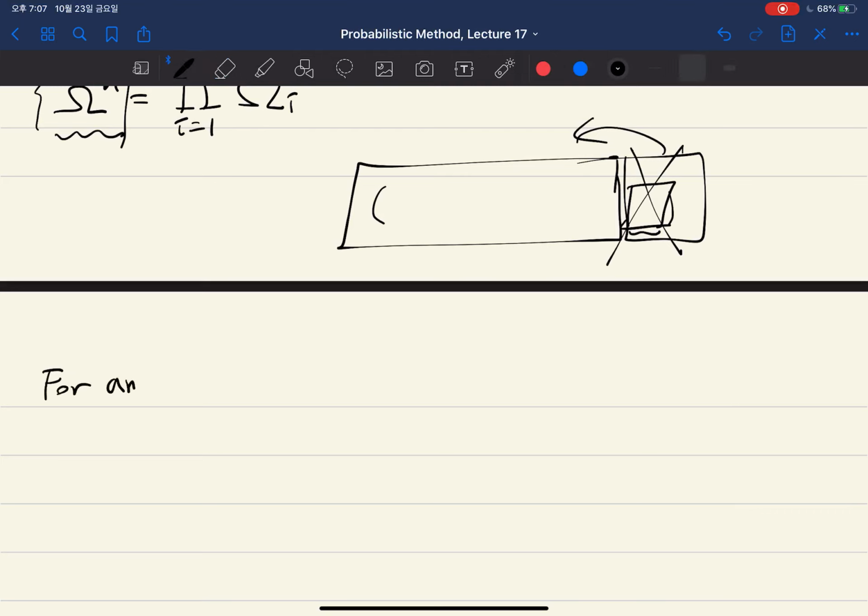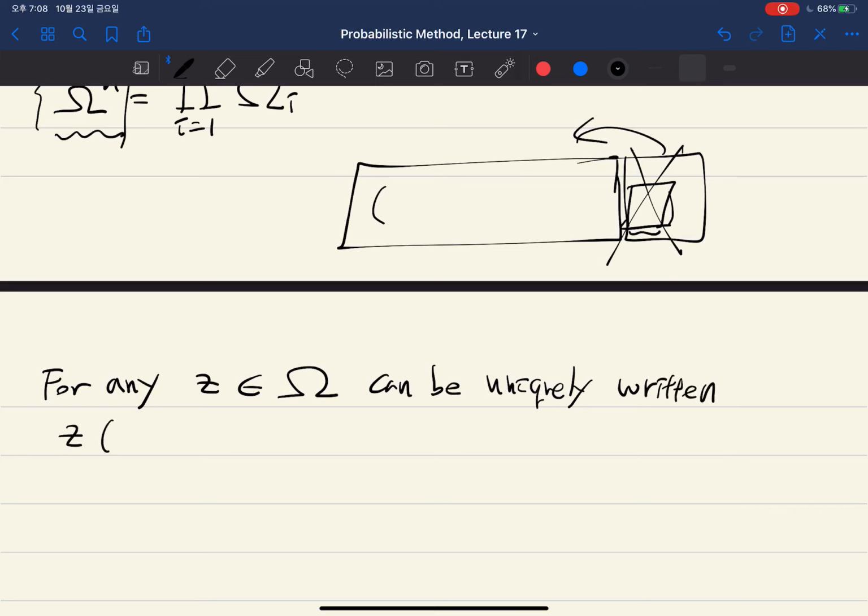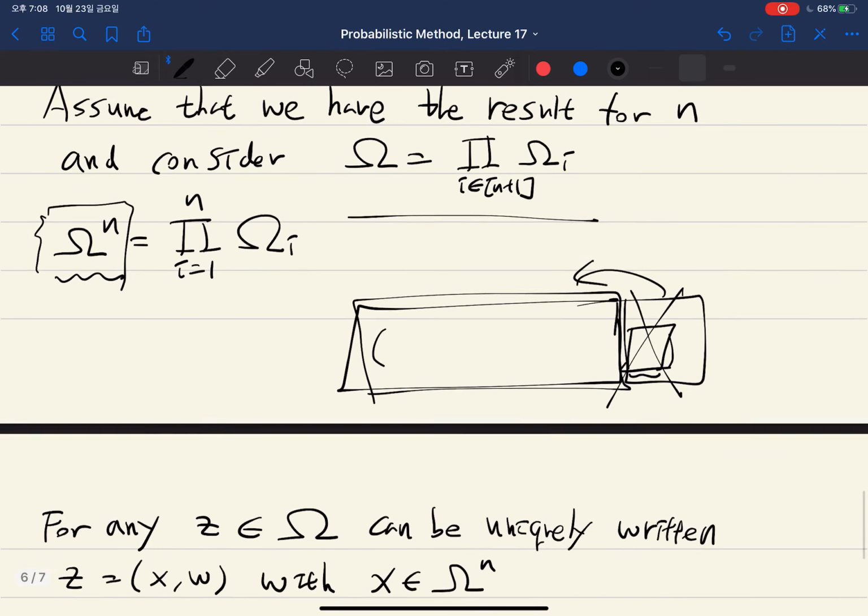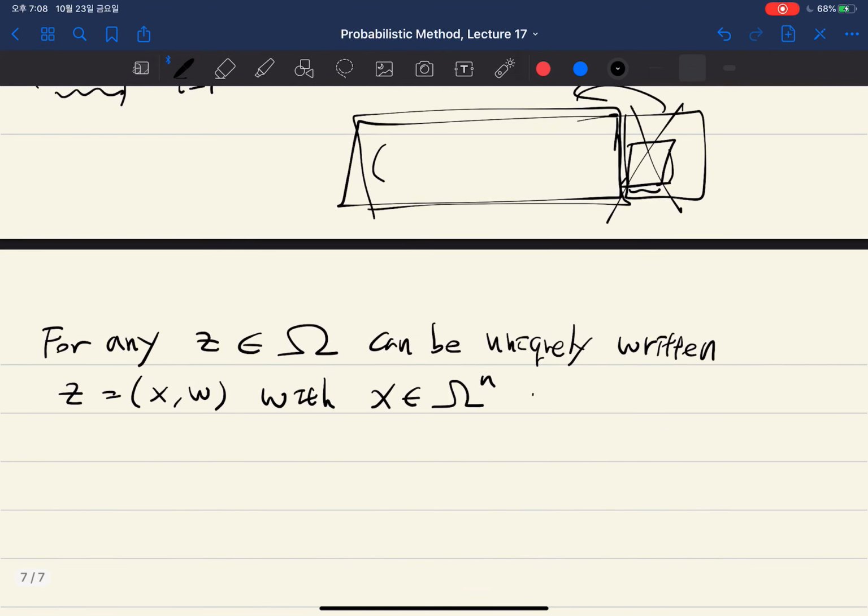Then any point in this omega can be uniquely written as, say, x comma w, with x being the point lying in the first n coordinates, and w is the last one coordinate.